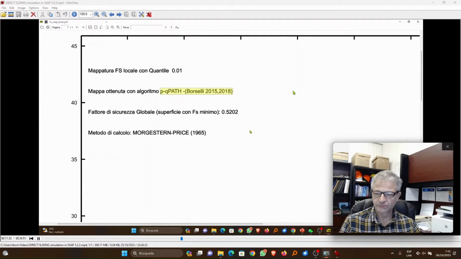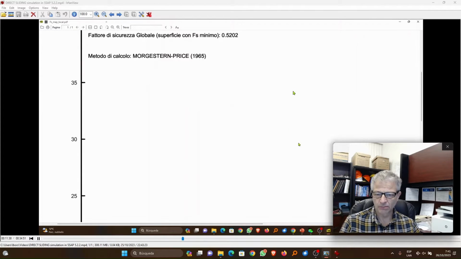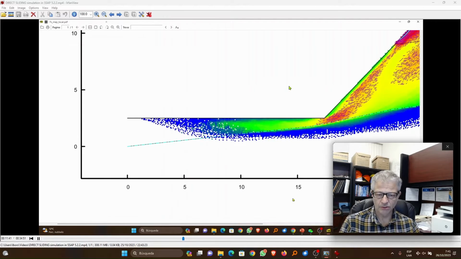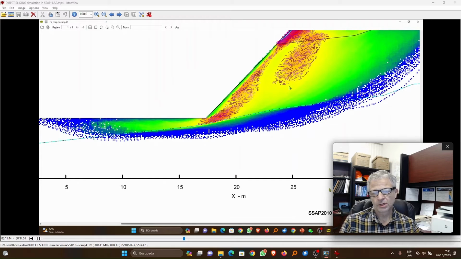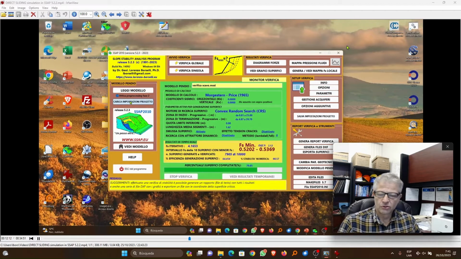At the end of the analysis with limit equilibrium, advanced limit equilibrium methodology with Morgenstern-Price, we can see that there exist 2-3 red zones where the instability can start with, for example, a process of progressive failure, or probably not so progressive, as in the top of the slope, because we have the worst condition.